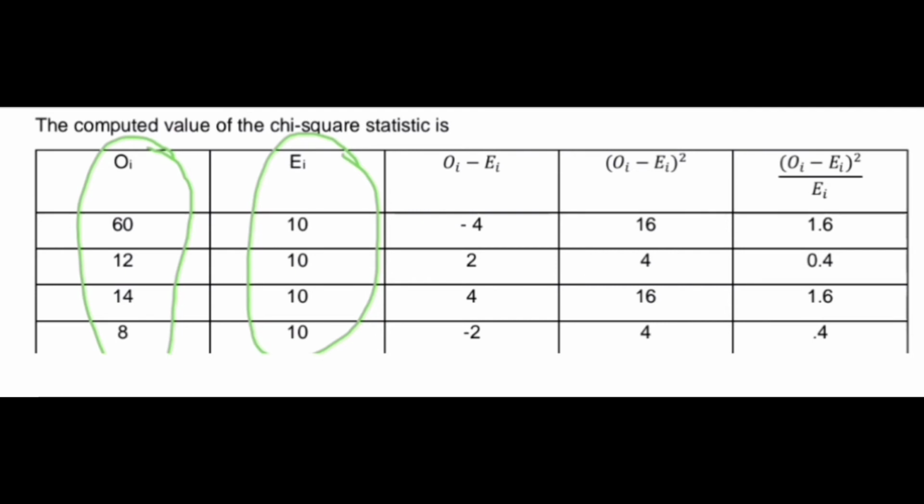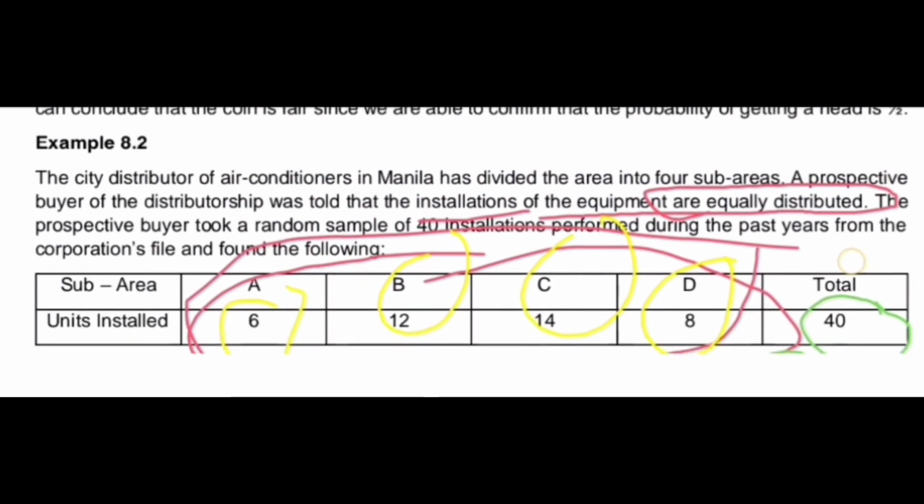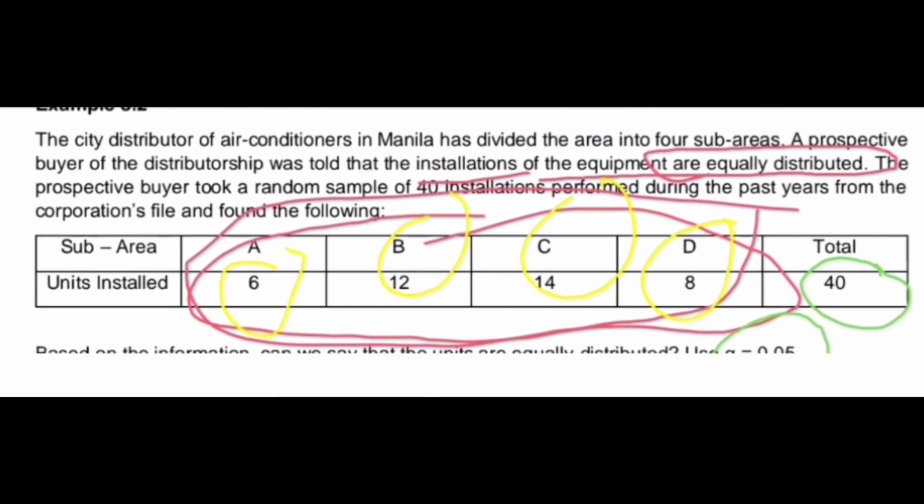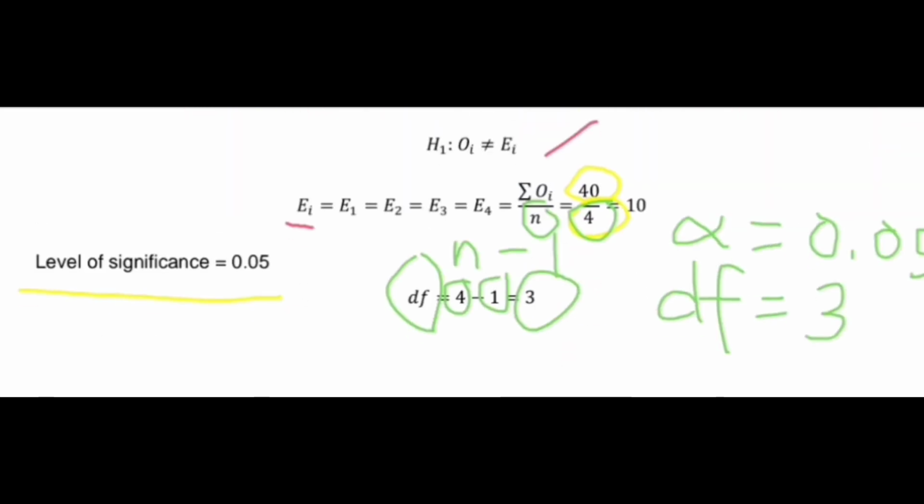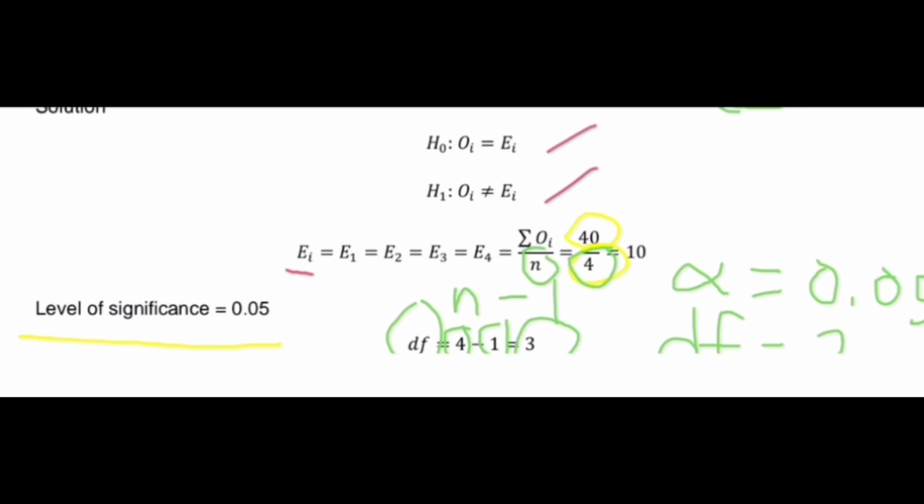You can see here that our observed frequencies are 6, 12, 14, and 8, and our expected frequency equal to 10, where our expected frequency in first sub-area, second, third, and fourth are equal.